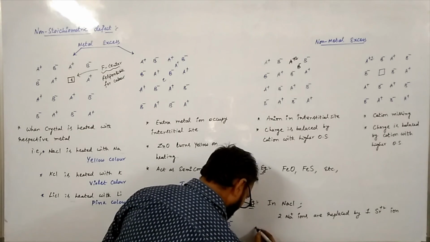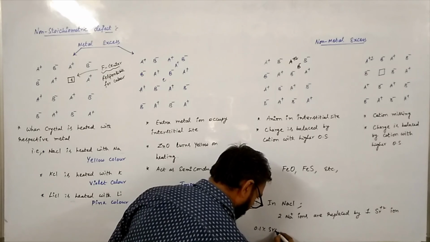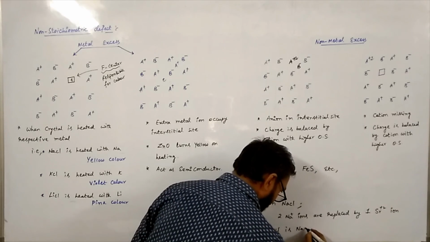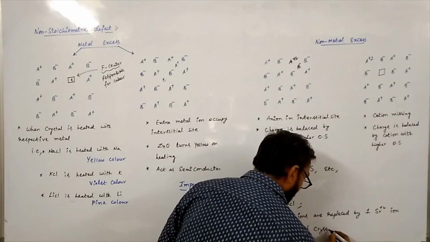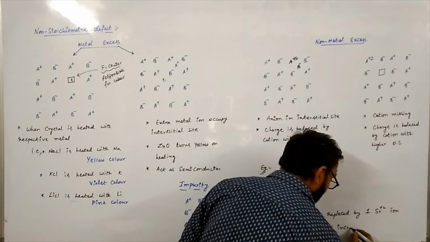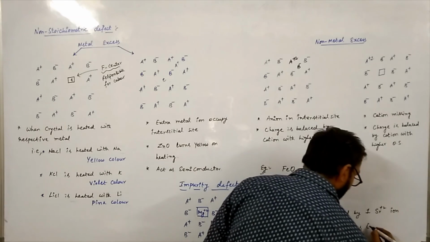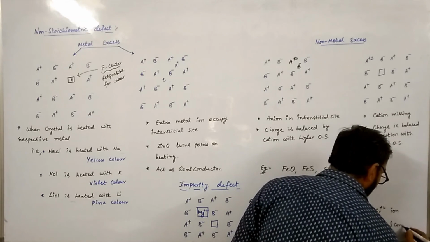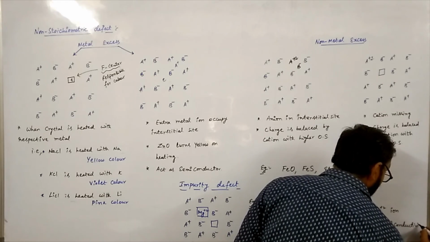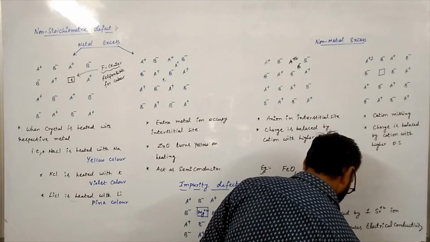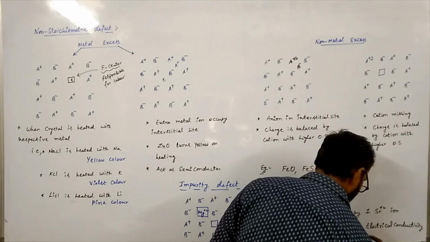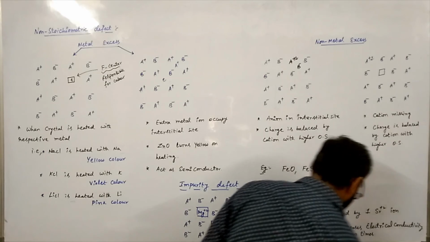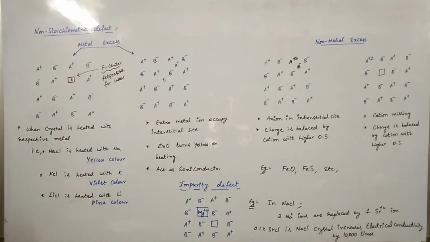For example, 0.1% strontium chloride in NaCl crystal increases electrical conductivity by 10,000 times.